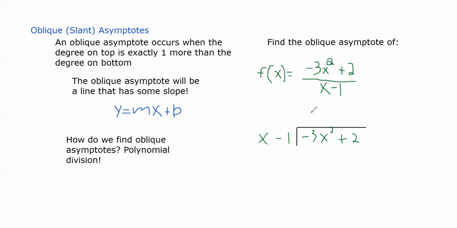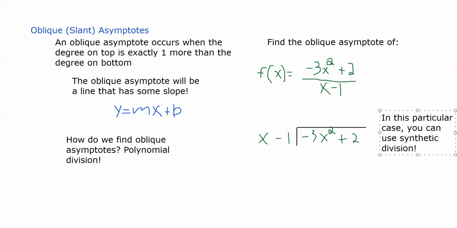And you could do polynomial long division that way, but wait a minute. Looking at how it's written, this looks an awful lot like you could just use synthetic division. And that's true. In this particular case, you can use synthetic division.